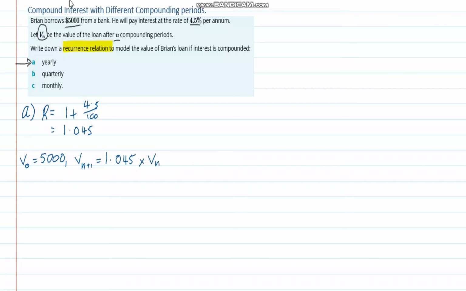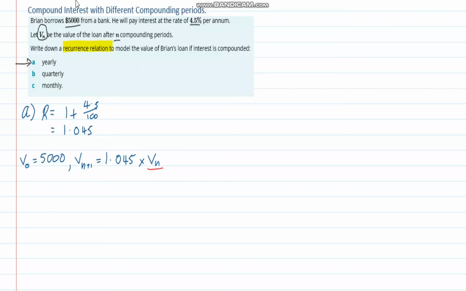So whatever the value of Vn is, let's start at V0 for this, is multiplied by 1.045, then so on from there. It keeps building upon itself each time. Just for my own clarity's sake, I'm going to get rid of that comma because it looks like a 1.